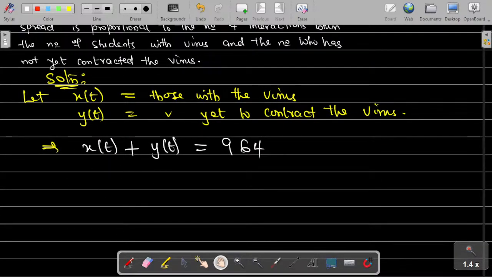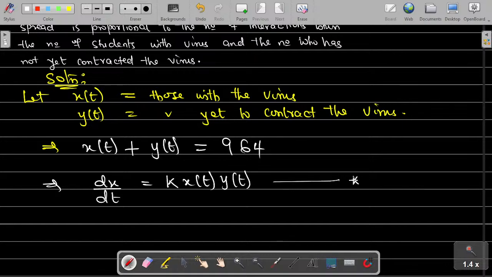So this was the first thing that we are asked to complete there. We are told to write the value of x of t plus y of t. It will be the total number of students. Then the second thing the hint gave us is that we should take note that dy/dt is equal to k x of t multiplied by y of t, and they called it equation star.